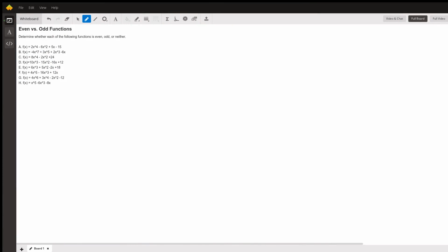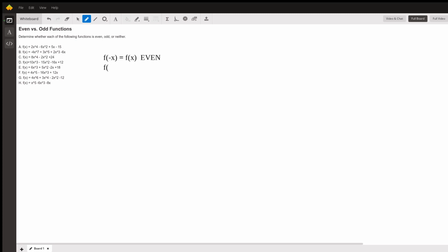I'm going to talk about even versus odd functions. Now, the official way to find out is to take your original function and plug in negative x. And if you get your original back out, then it is even.